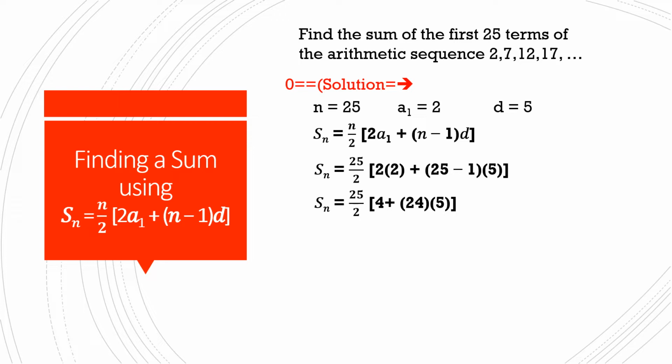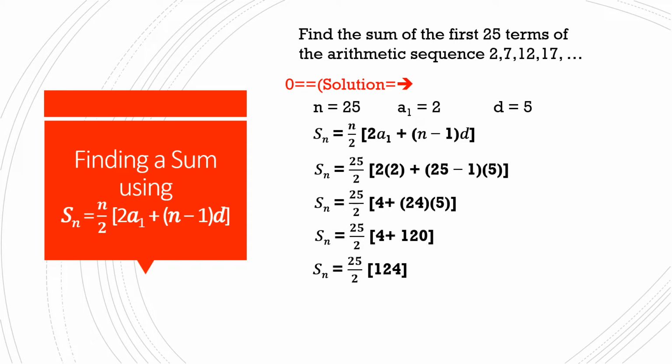Then we get the product of 24 and 5. What is 24 times 5? That is 120. And this 120 is to be added to 4, so 124. Since it would be much more complicated if we divide 25 by 2, we can divide 124 by 2.